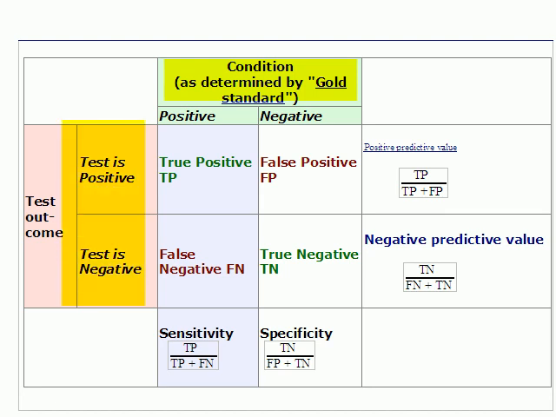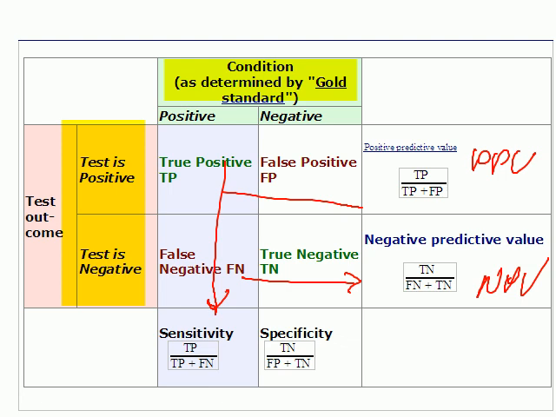And here's your test, positive and negative. Looking across in this direction, we're getting positive predictive value. Going in this direction, we get negative predictive value. This column, we get sensitivity. The calculation, confined to this column, gives you specificity.